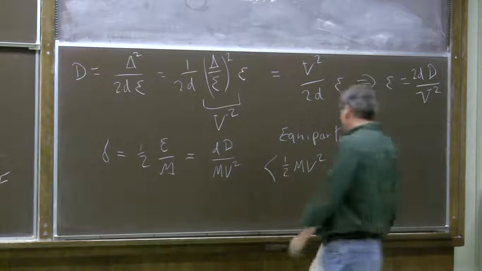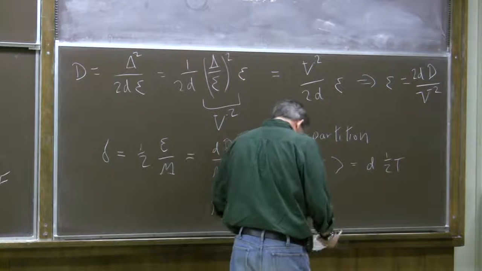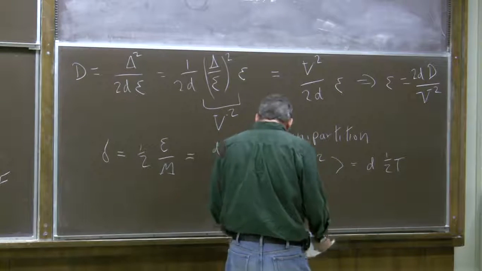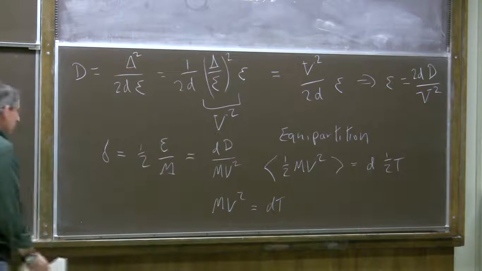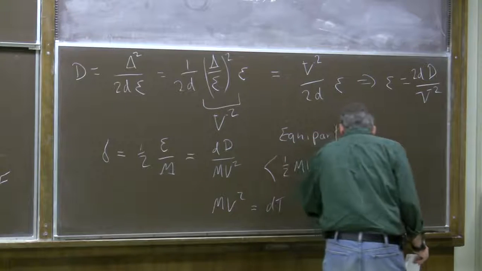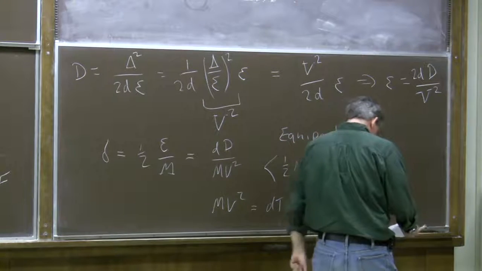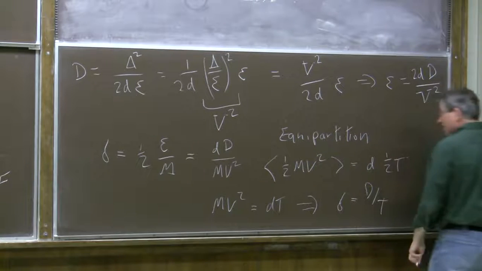Okay? So in other words, for mv squared, I can take d tau by equal partition in classical statistical mechanics, and substituting that into our expression for the mobility, we get the Einstein relation again, diffusion constant divided by tau.